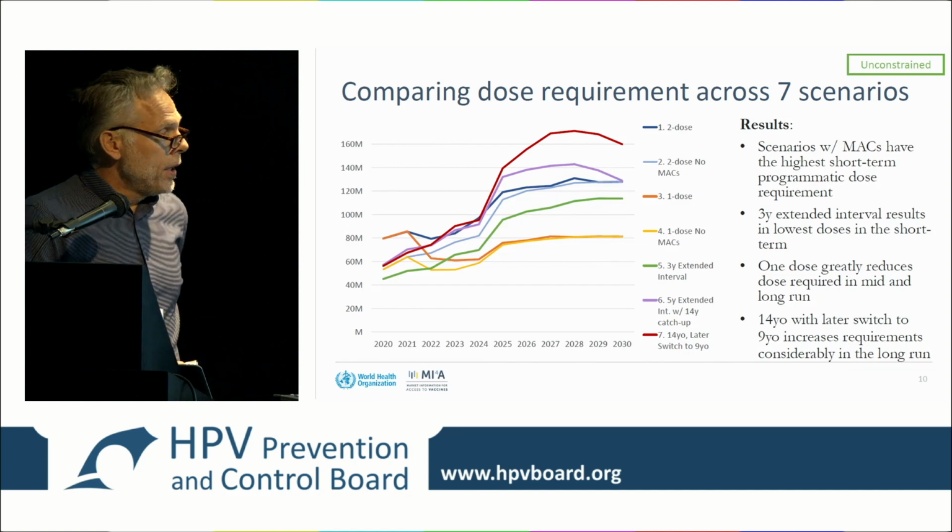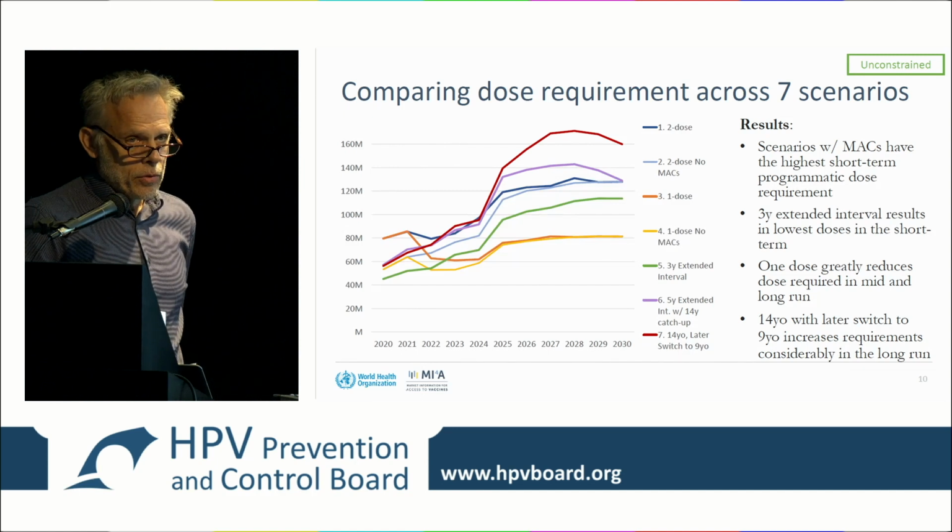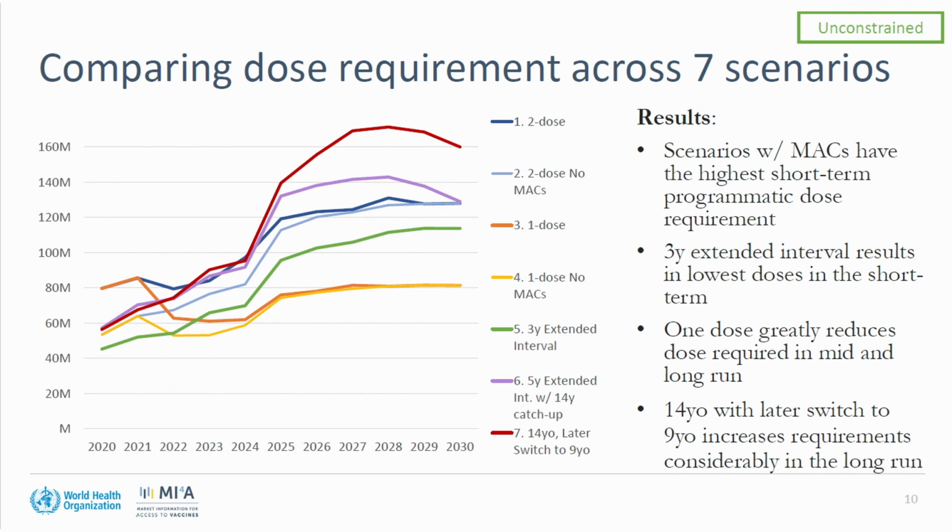So again, we then started to work on scenarios like, okay, with that demand scenario, what would happen with various scenarios for certain doses. So you can see blue is 2 doses, what we do right now. But if we don't do these max, what would happen? So the light blue, slightly different curve. What would happen if we do 1 dose?